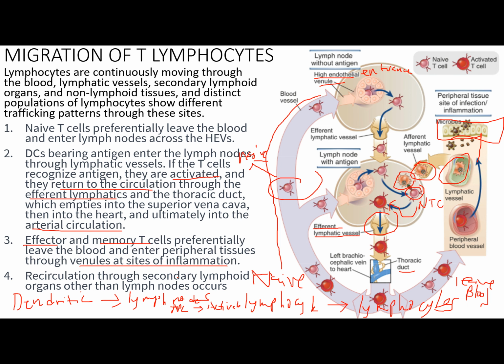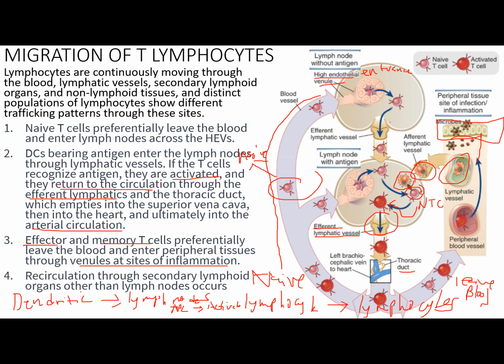So ganun nangyayari. So ulitin ko, naive T cell would enter the lymph node through the HEV or the high endothelial venule. Now at the same time or even in the previous pwedeng nandun na yung dendritic cell. Now si dendritic cell, they bear antigen. And it would cause the activation of your naive T cell, causing the naive T cell to become an activated T cell.